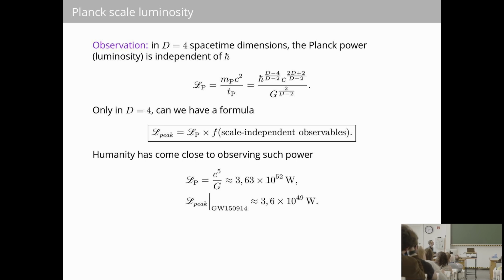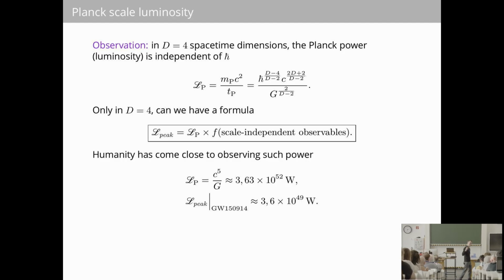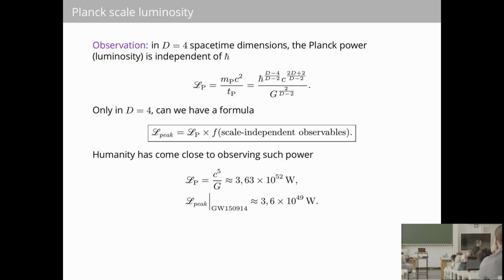And now something funny happens in 4 space-time dimensions, and it is in 4 space-time dimensions only. If you want to speak about power, we should speak about energy per time. So take Planck energy per Planck time. So what do you get? You get Planck power. The Planck units exist in any space-time dimensions, also in higher dimensions.